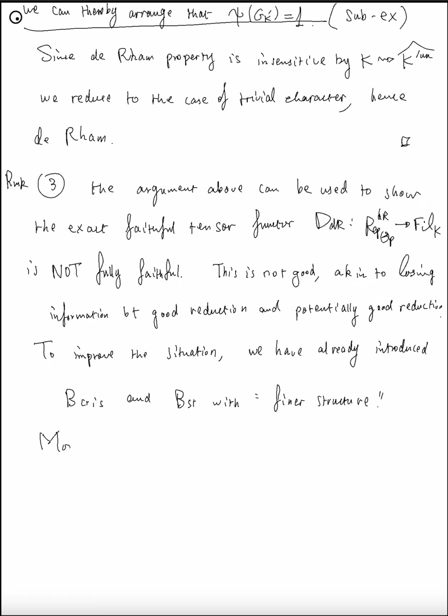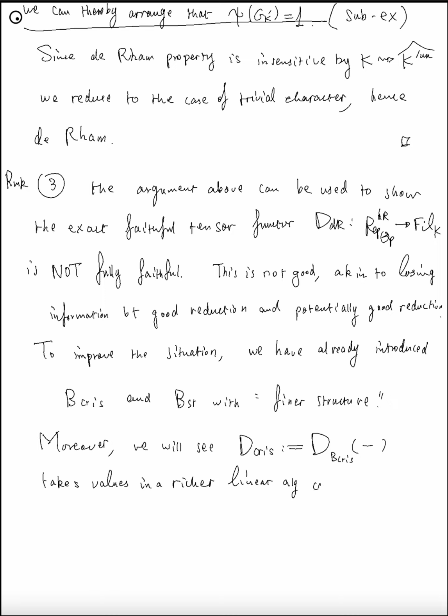Moreover, we will see corresponding functors: we use D_cris instead of D_dR when we construct the functor, which improves the situation and takes values in a richer linear algebra category than just filtered vector spaces.